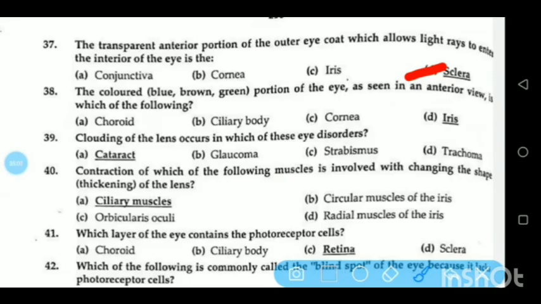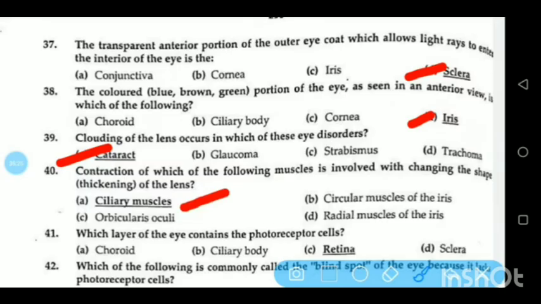The colored blue, brown, green portion of the eye as seen in an interior view is which of the following? Iris. Clouding of the lens occurs in which of these eye disorders? Cataract. Contraction of which of the following muscles is involved with changing the shape, thickening of lens?